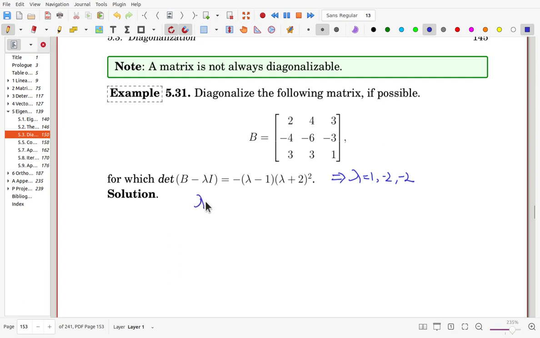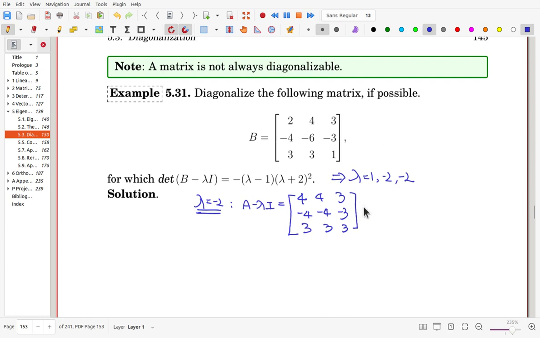Okay, lambda is -2. From here, A minus lambda I, that is now adding 2 along the diagonal, so that there is 4, 4, 3, and -4, -4, -3, and then we add here 2, so that is 3, 3, 3.